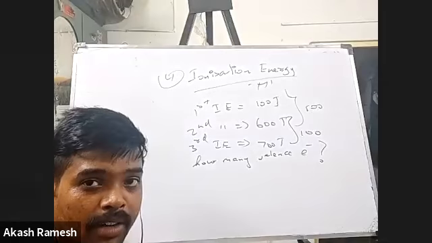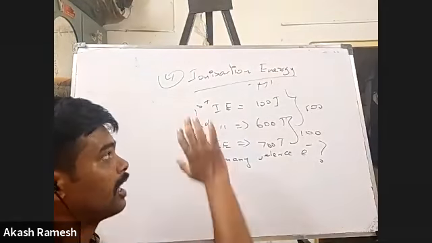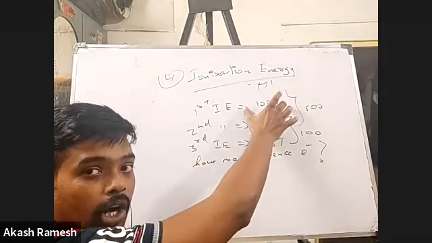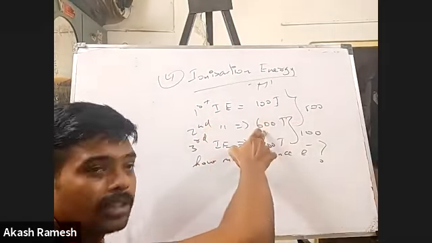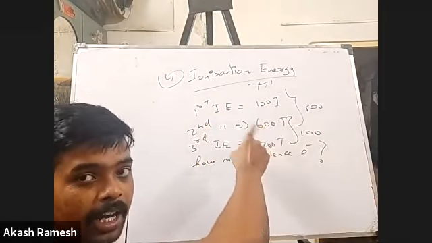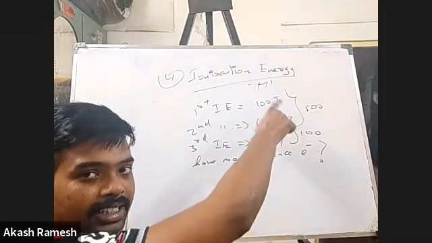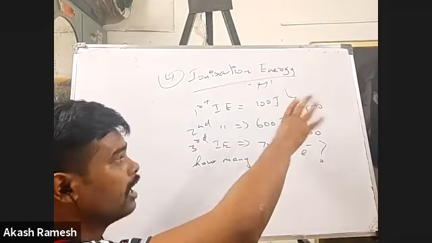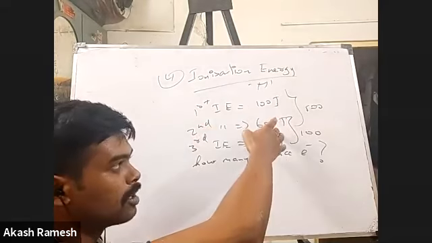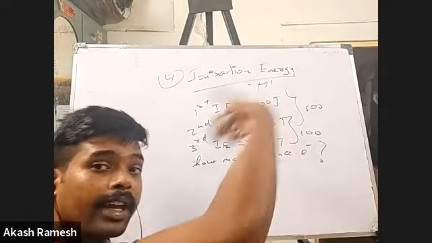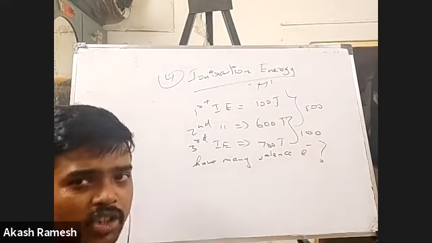For these two, only 100 is the increase. So what do you understand from this? It is understood that after the removal of the first electron, removal of the second electron is very, very difficult. After the removal of the first electron, I supplied very little energy, but for the second electron to be removed, I have to supply a very large amount of energy compared to the first one.